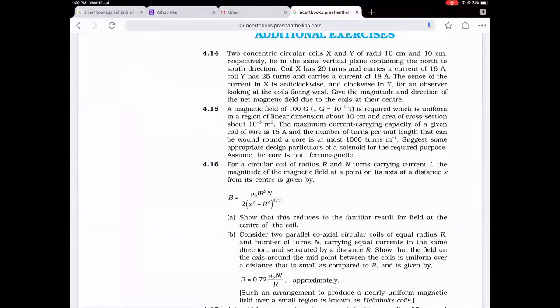Coil X has 20 turns and carries a current this much. Coil Y has this much. The sense of the current in X is anti-clockwise, and in Y it is clockwise. Looking at the coil facing west, they are asking you to give the magnitude and direction of the magnetic field. Please do 4.14, 15, 16.